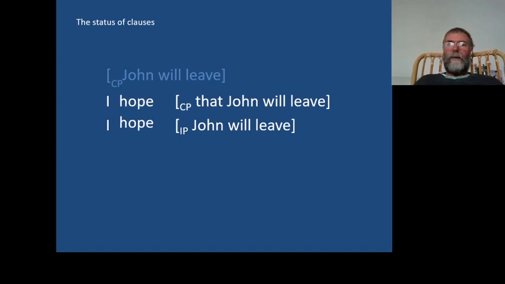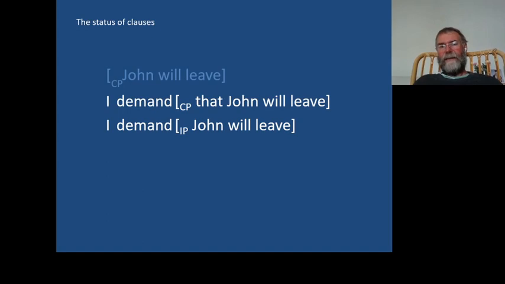And hope. I hope that John will leave. I hope John will leave. Regret. Suppose. Demand. In fact, any verb that can take a CP complement with that can take an IP complement without that. Now, if this is true of any verb, it doesn't look as though this is a lexical property, because lexical properties are idiosyncratic.